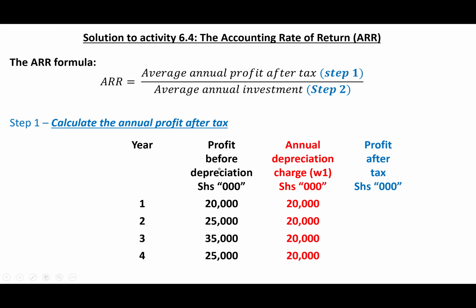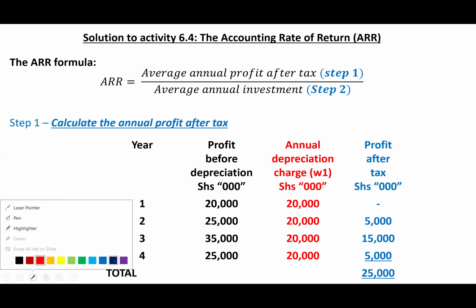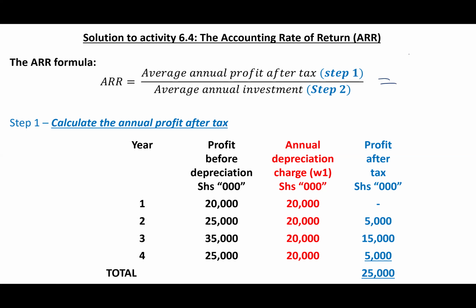So this is profit before depreciation. If we remove depreciation, we end up with year 1, that's 0, year 2, that is 5 million, year 3, that is 15 million, year 4, that is 5 million. So all in all, the total comes to 25 million. In our formula, the numerator is 25 million.